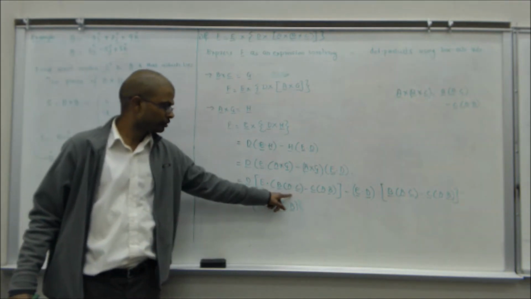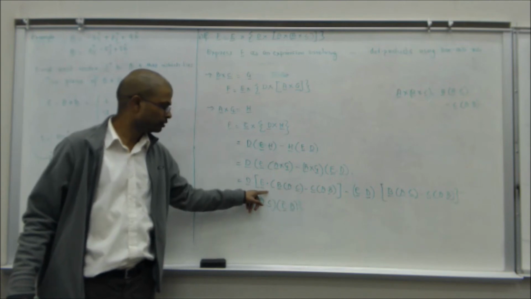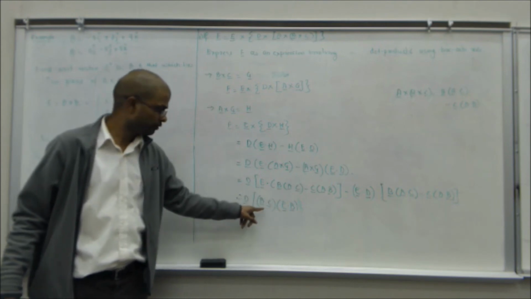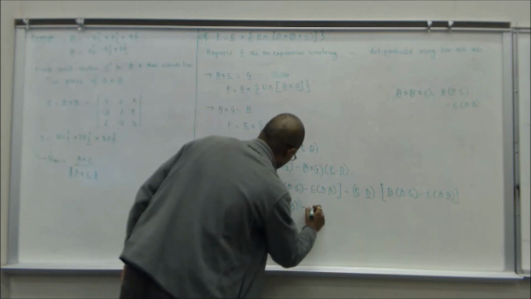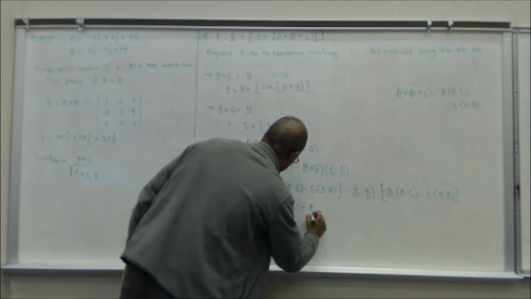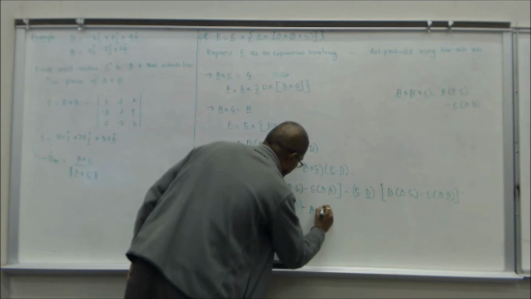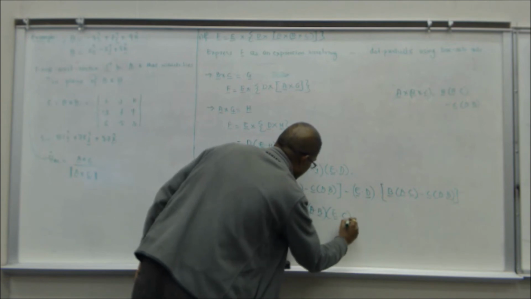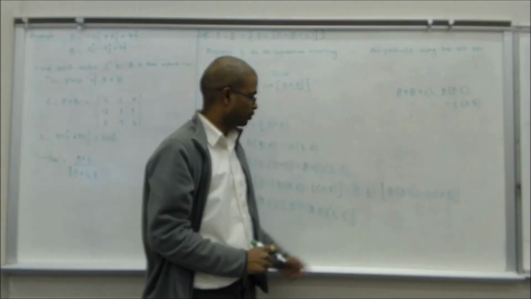See, A dot C is what? It's a scalar. You can move it out. And you do a distributive property. We discussed the distributive property, right? So you have A dot C into E dot B minus A dot B into dot C. And what happens here?